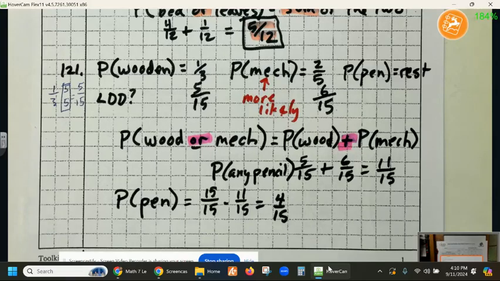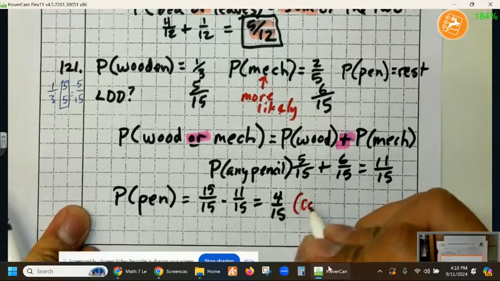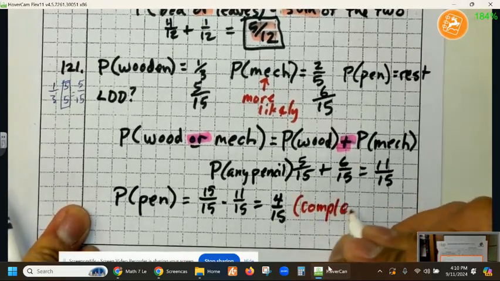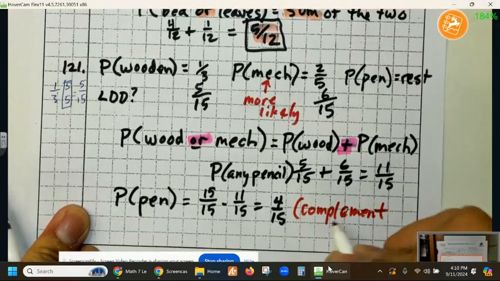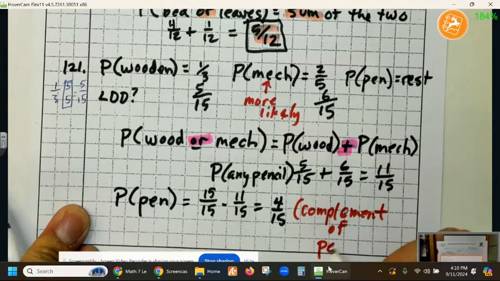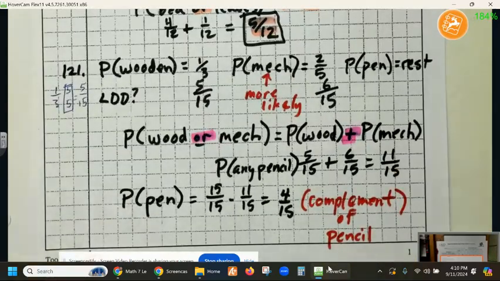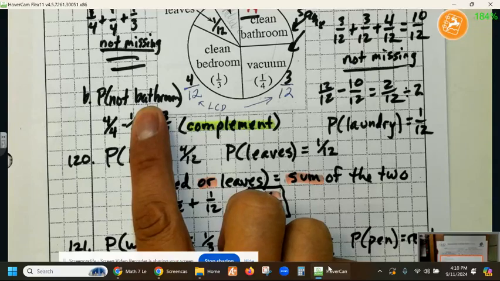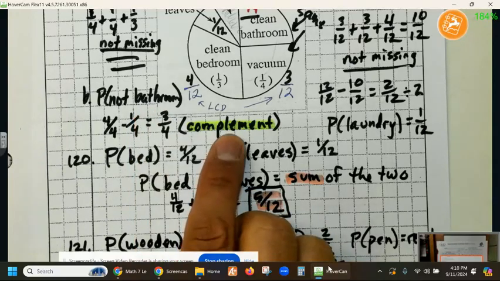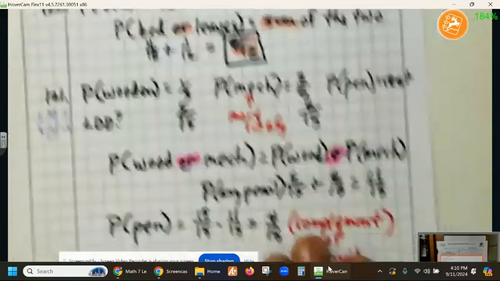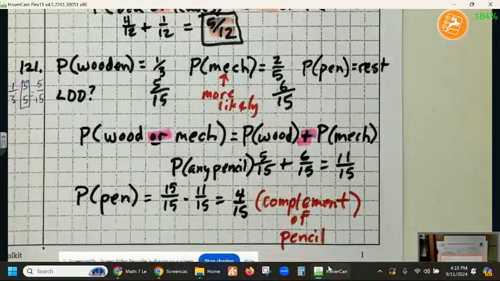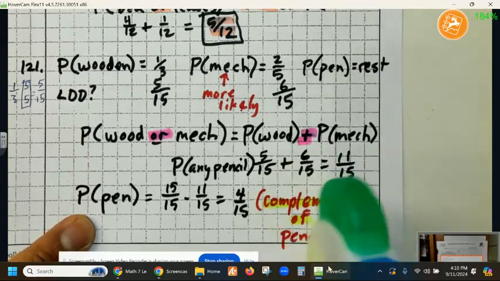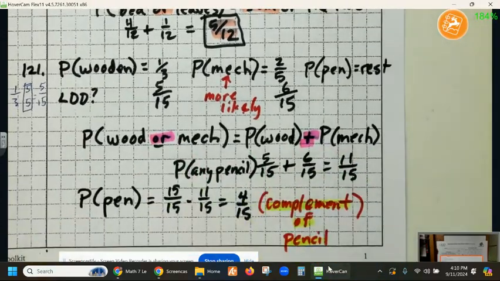Okay, and again, this is the complement of getting a pencil. Right, and if you remember what complement is, the complement of cleaning the bathroom would be not cleaning the bathroom. Okay, so again, very important concept. This is the complement when we subtract from one whole.